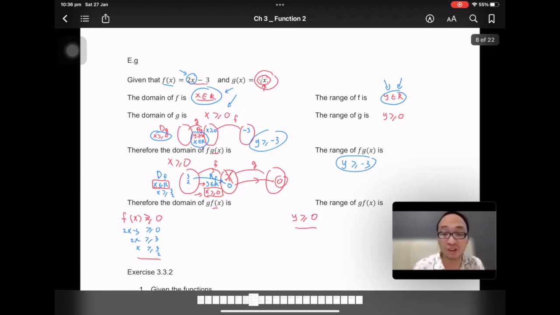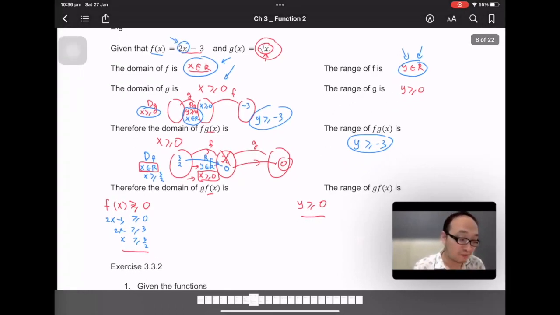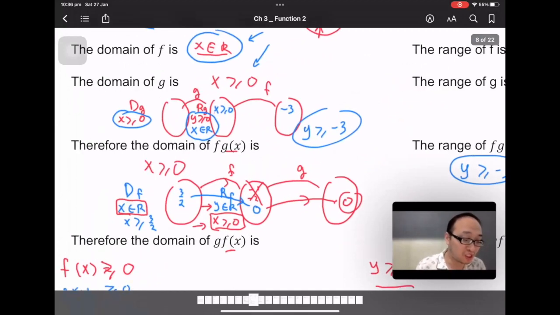In the first example, we see that all of the domain of g fits in the domain of f, so we can take all numbers, x greater than or equal to 0. But in the second question, only several values from the domain of f can be taken to become the domain of g.